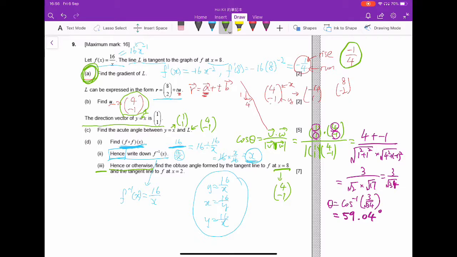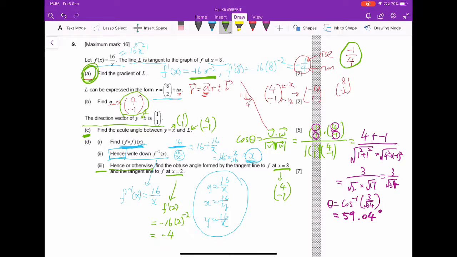Now, I choose to use the vector because from part C, we know that vector seems to be a better way to do it. And so the next is I need the direction vector of the tangent line when x is 2. So obviously, I will need f prime 2, which using the derivative is -16 times 2 to the power of -2.